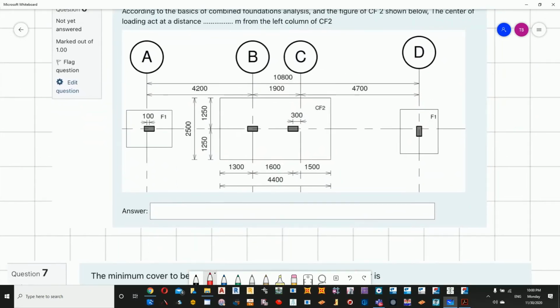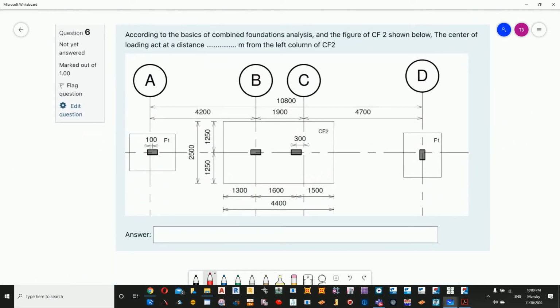Now going for question number 6, which is exactly the same figure as question number 5, where you are asked to calculate the distance of the center of loading, at a distance of how much from the left column. To avoid the moments, if you remember, we need to keep the center of the loading to be the center of the foundation.